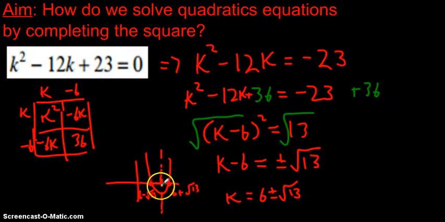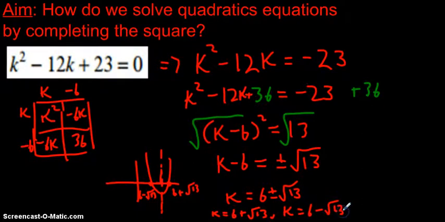So from this center line, it'd be radical 13 to the left, and this one would be radical 13 to the right. So the answers are really k is equal to 6 plus radical 13, and k is equal to 6 minus radical 13. Alright, let's look at one more example.